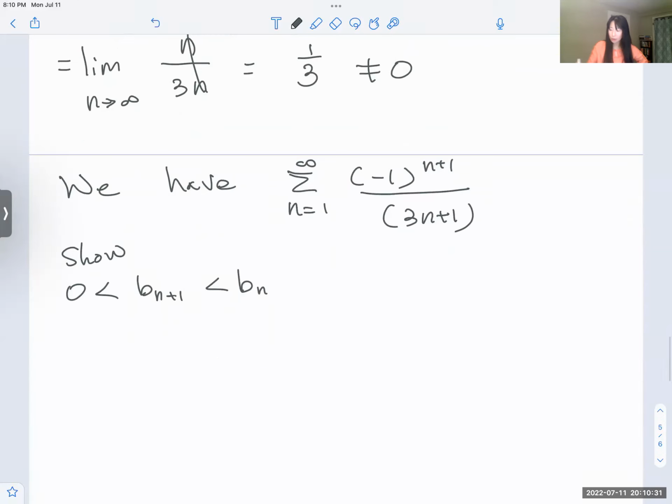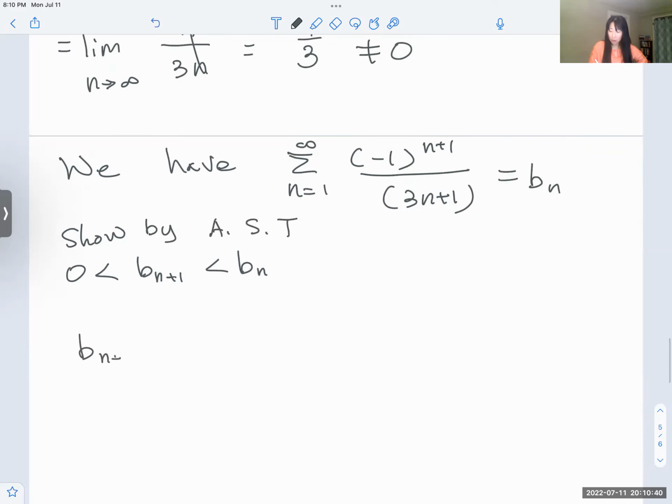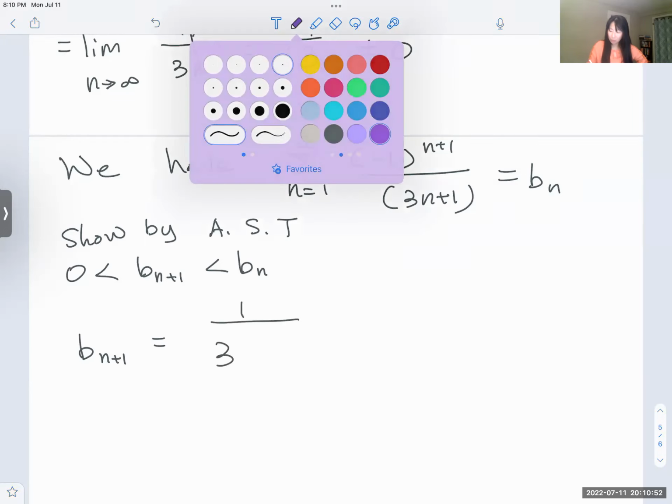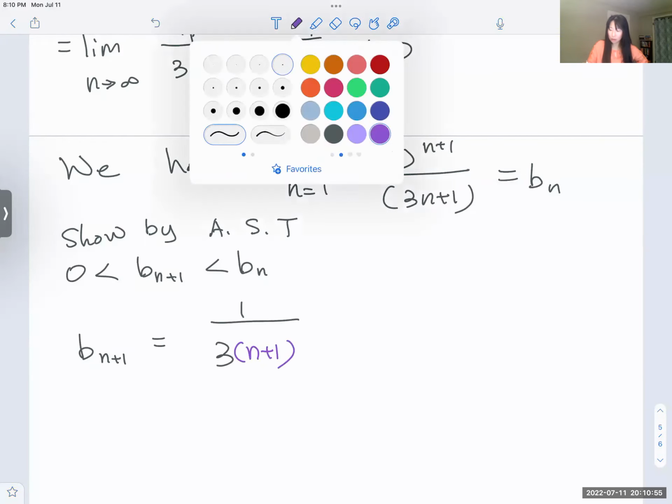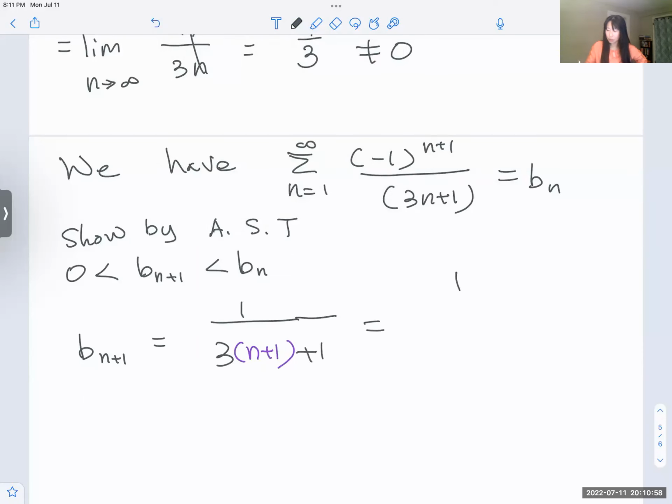This is b sub n in this case by the alternating series test. b sub n plus 1, we substitute n plus 1 into n, so we get 1 over 3(n plus 1) plus 1, so 1 over 3n plus 4.